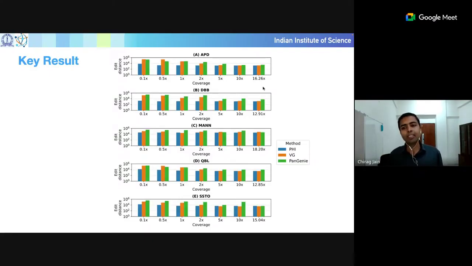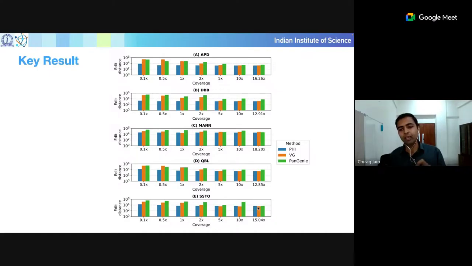The key observation is that the proposed implementation is comparable to the existing solutions at high coverage. For example, when we compare against VG personalized pangenome graph construction, the results were almost comparable with VG at high coverage values.